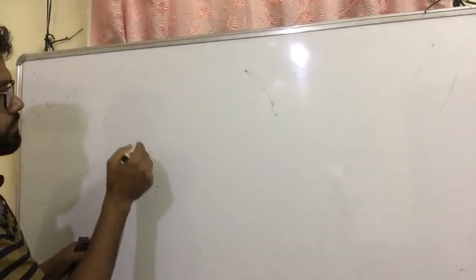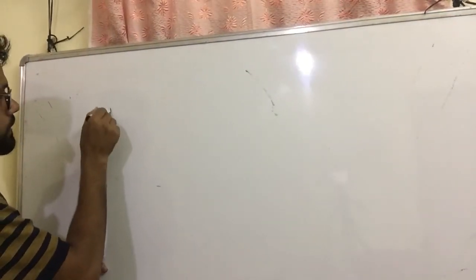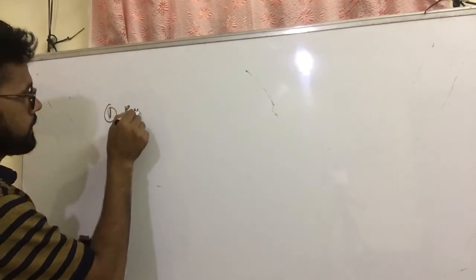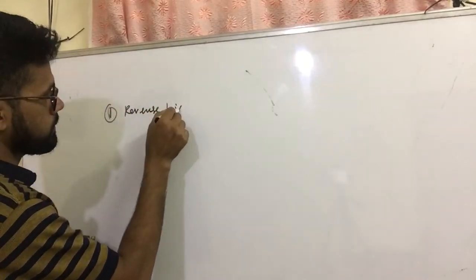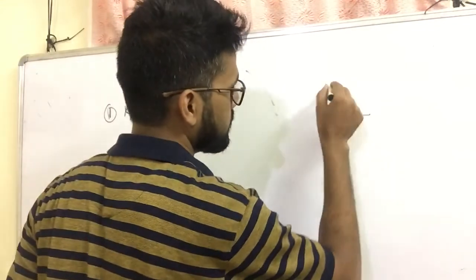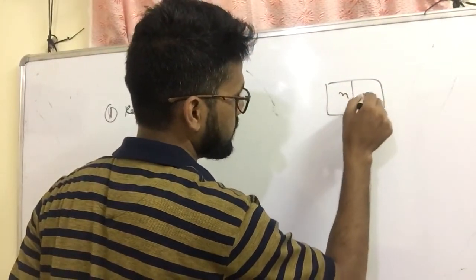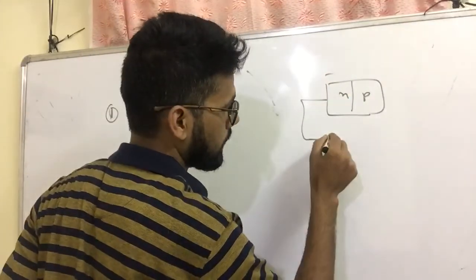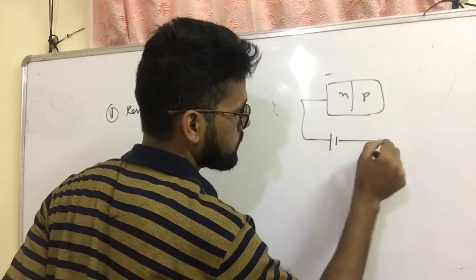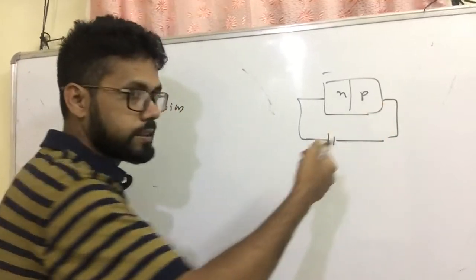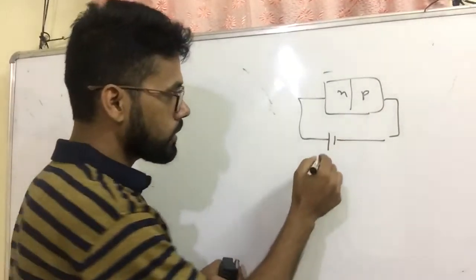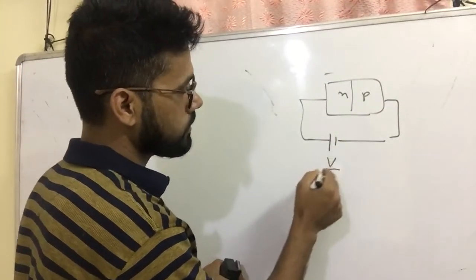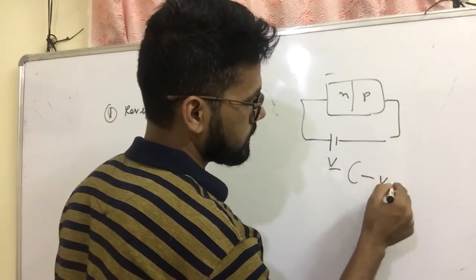Okay. So in the case of reverse bias condition, suppose this is N, this is P. Now reverse bias, this is the negative side, this is the positive side. So if I connect negative to positive, positive to negative, as a result the depletion region will stretch. Okay, this voltage is V, and it is represented as a negative voltage.